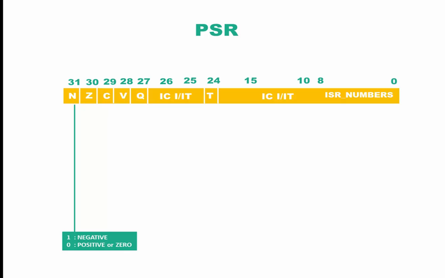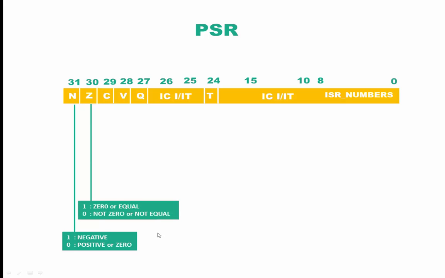If it returns the value of 0, it signifies that the result is a positive or a 0. And you know 1 and 0 here are just used to indicate true and false. Like, is it N? 1 means it's true, 0 means false, it's not N, therefore it is positive or 0.